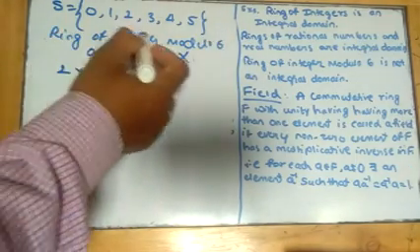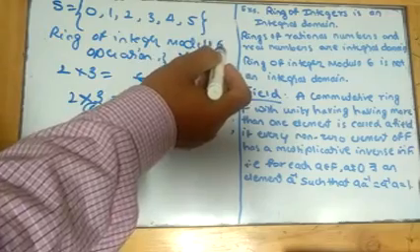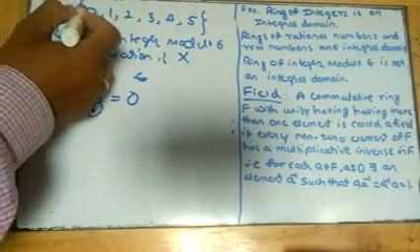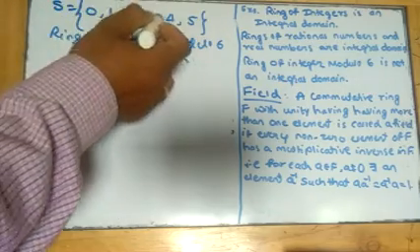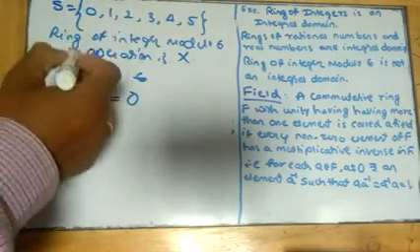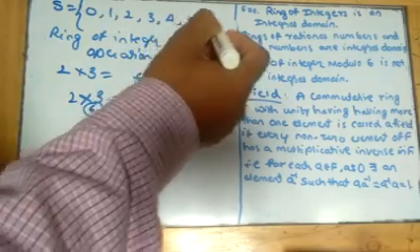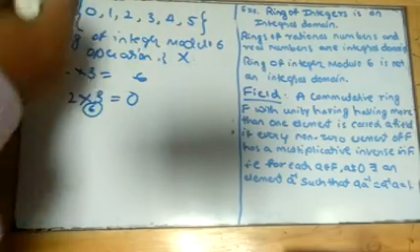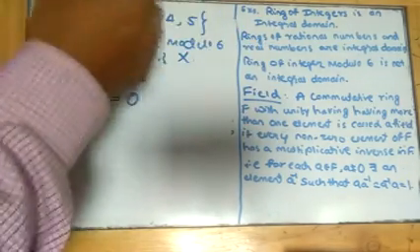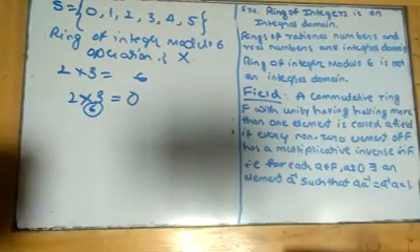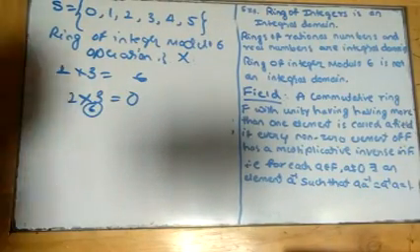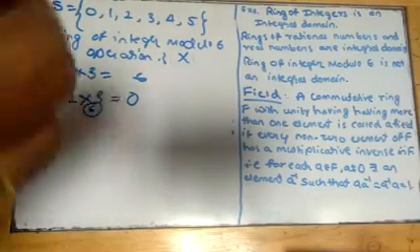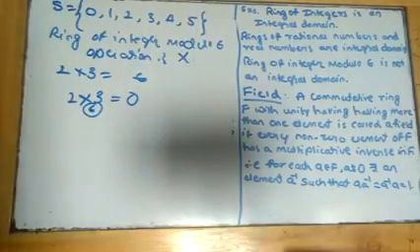If it is the ring of integers modulo 8, then the set contains the elements 0, 1, 2, 3, 4, 5, 6, 7. If it is modulo 9, then the set is 0, 1, 2, 3, 4, 5, 6, 7, 8, up to 8.